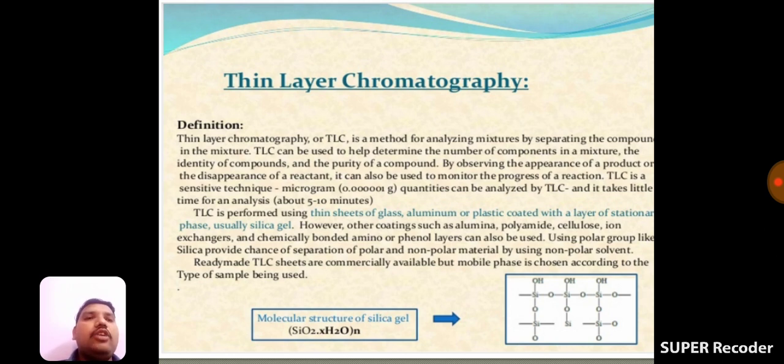However, other coatings such as alumina, polyamide, cellulose, ion exchangers and chemically bonded amino or phenol layers can also be used. Instead of silica gel, these compounds are also used as a stationary phase.